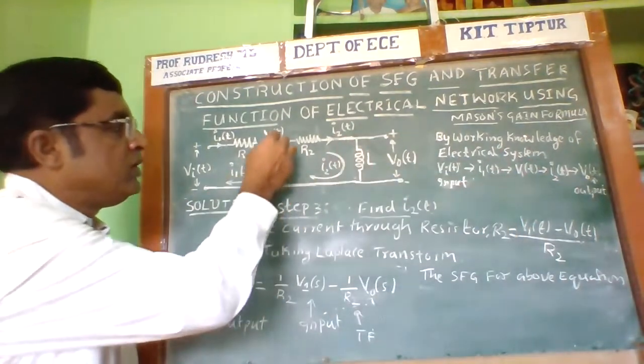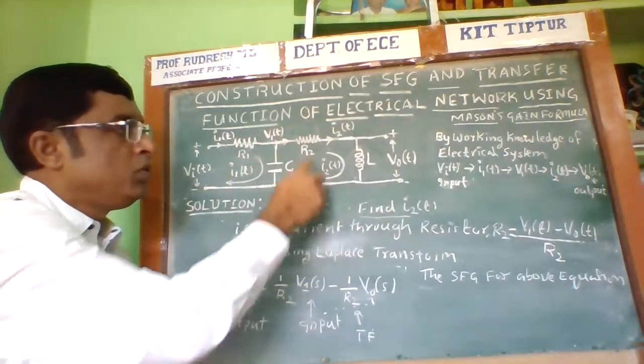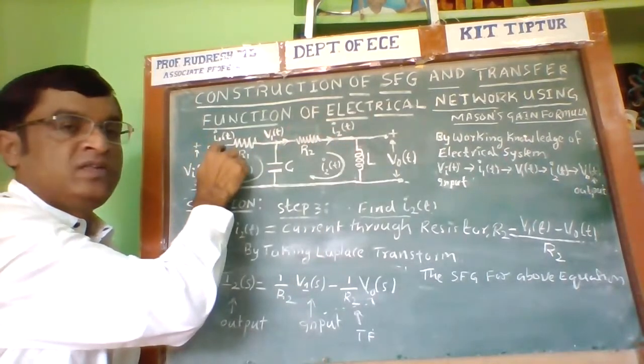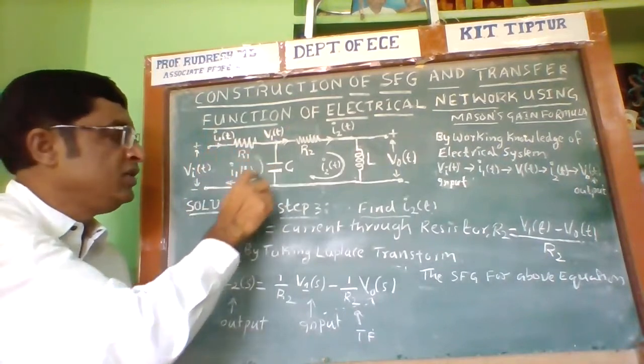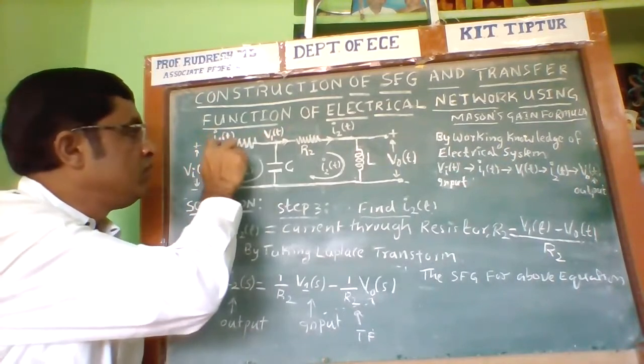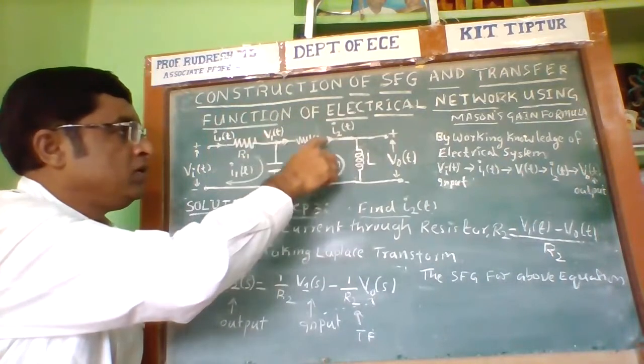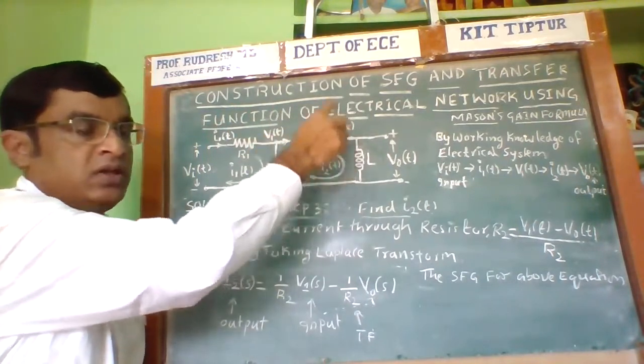Now, when I apply V1 of t, what will be the output I2 of t? When I apply V of t, I1 of t is generated in mesh 1, and due to I1 of t, V1 of t is the next output, and the next output is I2 of t.